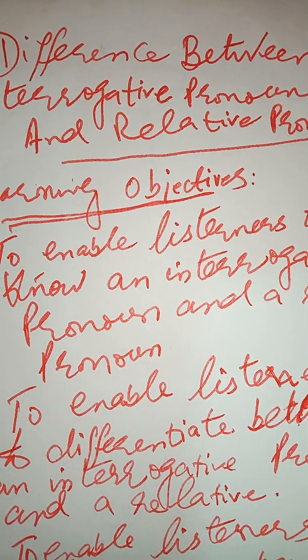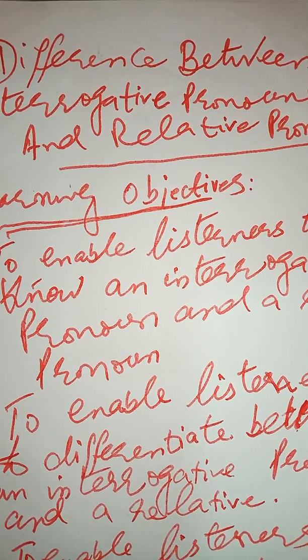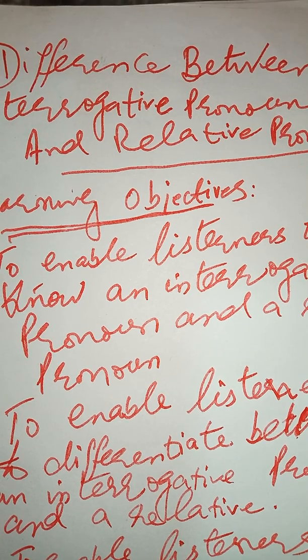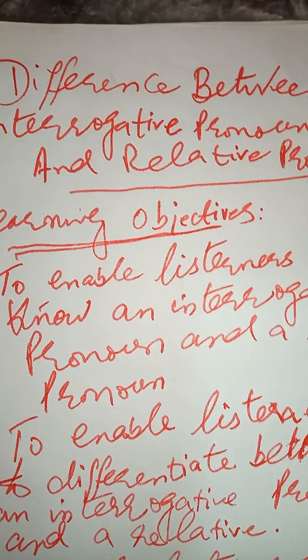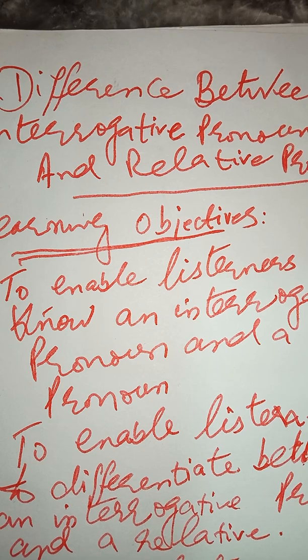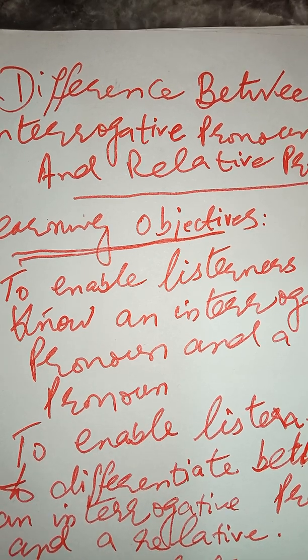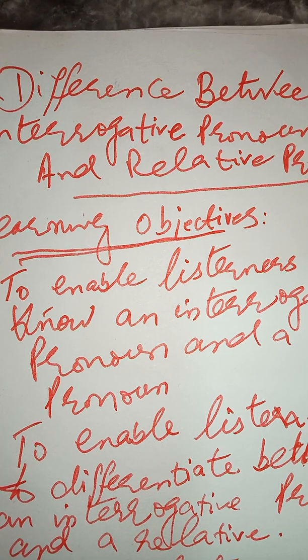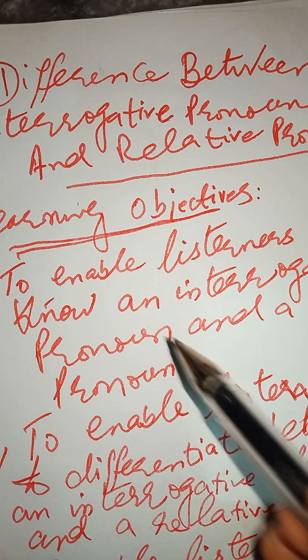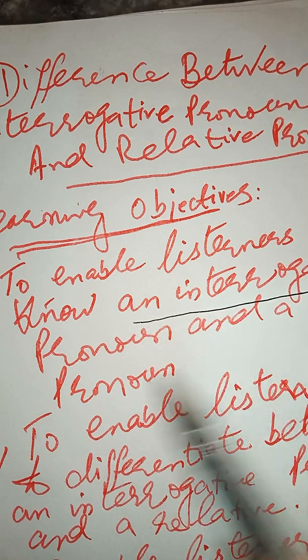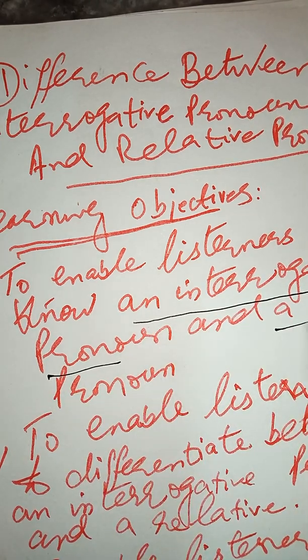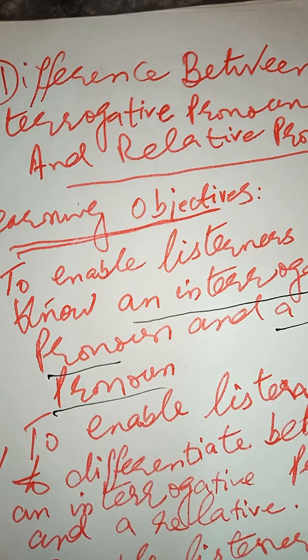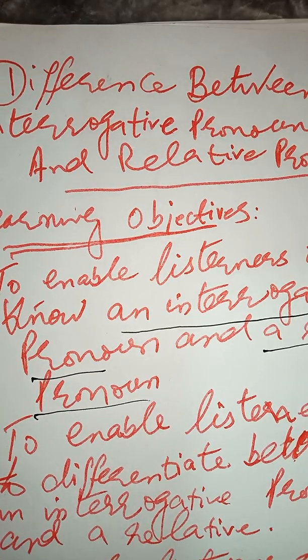So I am again repeating our learning objectives. First of all, this video is designed to enable our listeners, our students, to know what an interrogative pronoun is. And the second thing, they will be able to know what a relative pronoun is.